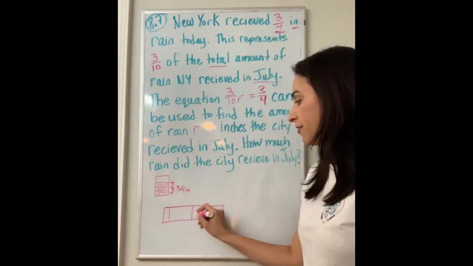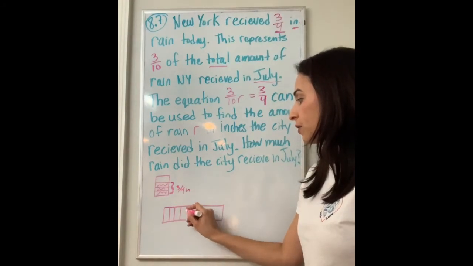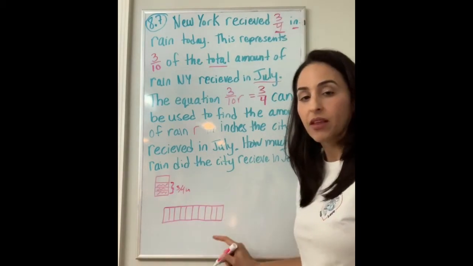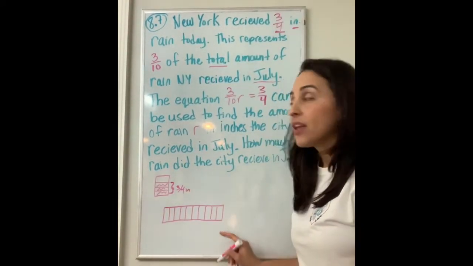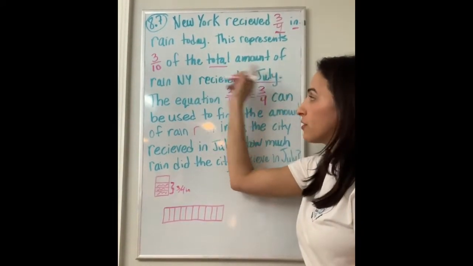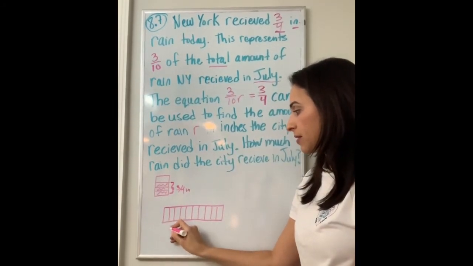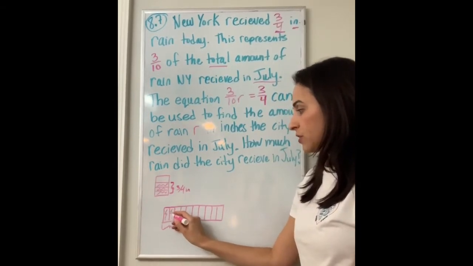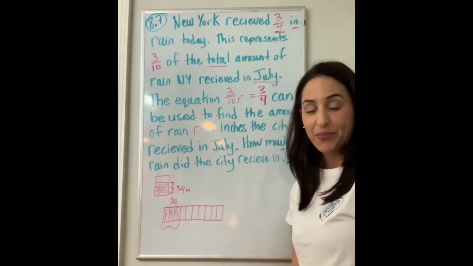I'm gonna go half first because I'm gonna do 5 on this side and 5 on this side. 1, 2, 3, 4, and 5. 1, 2, 3, 4, and 5. So here's 10. 3/10 of the total amount of rain. 1, 2, 3. This 3/10 is equal to the 3/4 that they received for the day.